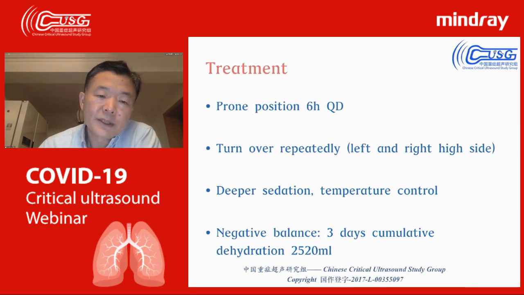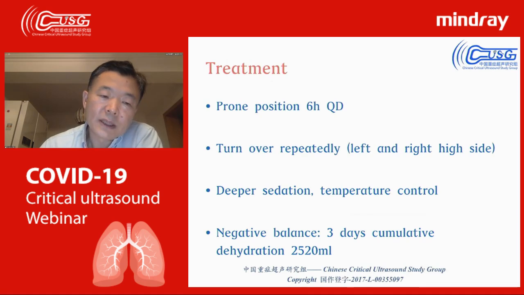So the doctor's decision is to use the prone position 6 hours per day and turn over rapidly. This patient's CT scan showed the patient is still in a diffused infiltration phase, not, I would say, a lot of consolidation in the gravity dependent part.